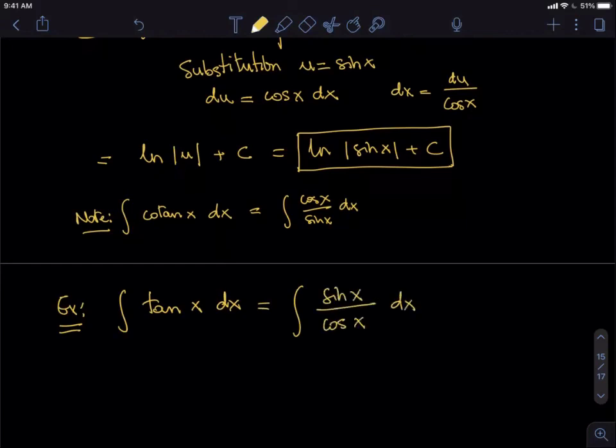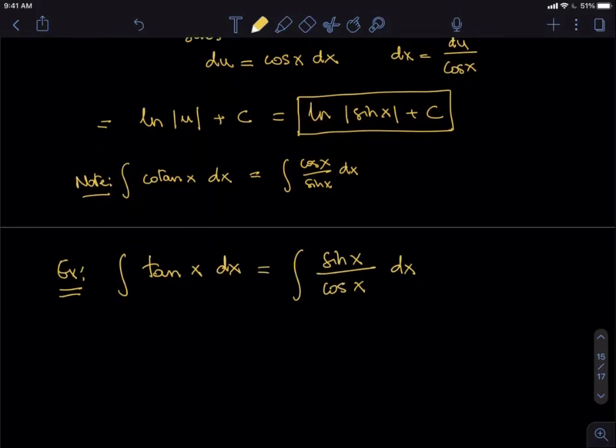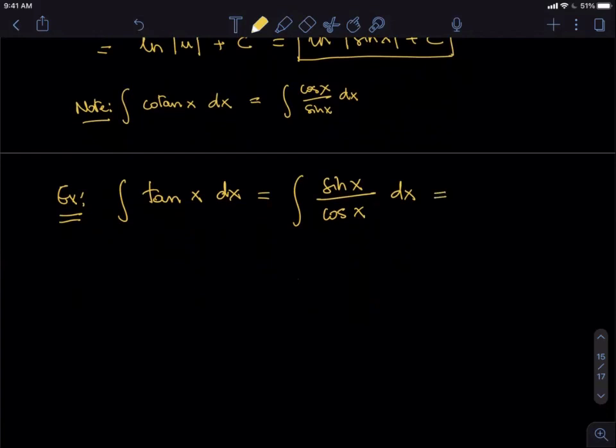Well, this is one of the cases that I was mentioning, that it doesn't look like it requires a substitution, but it does. Very similar to before. Here the substitution is u equal the denominator cosine of x, so that du becomes negative sine of x dx.